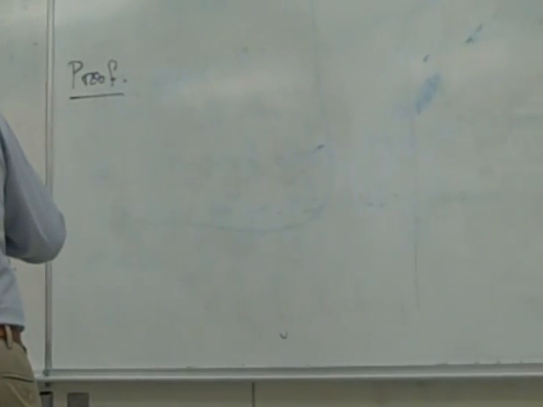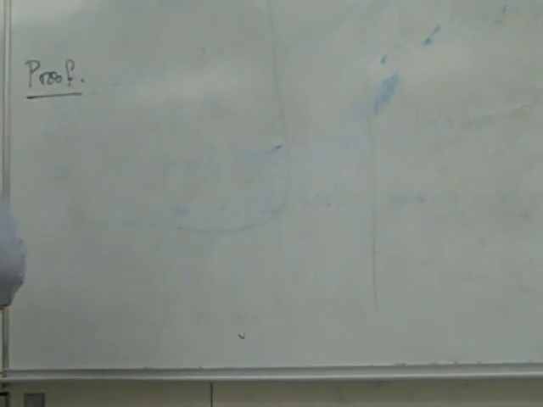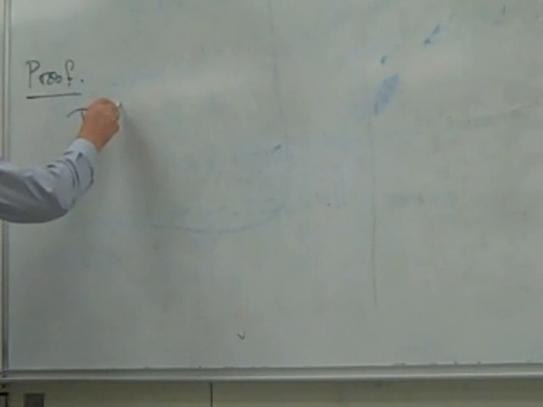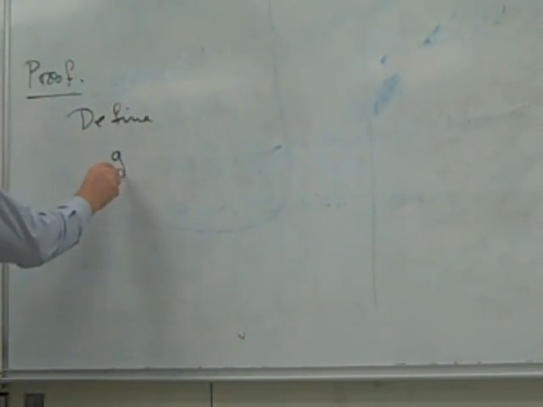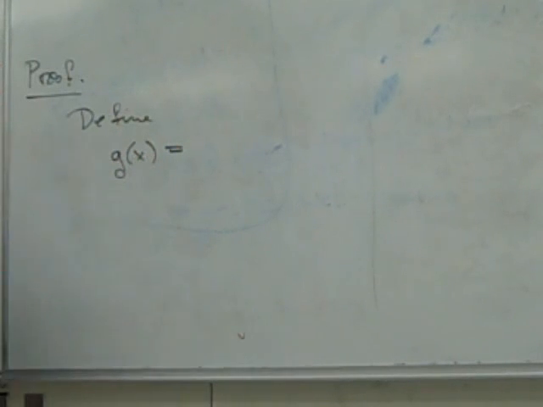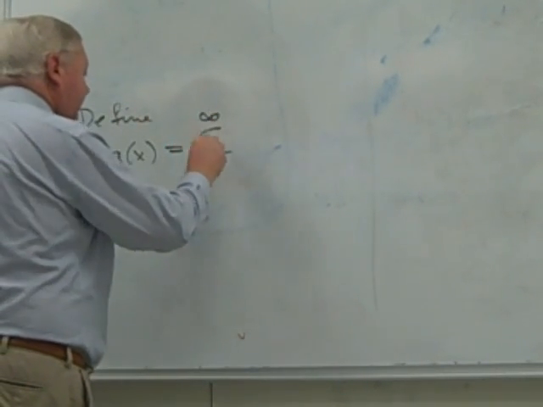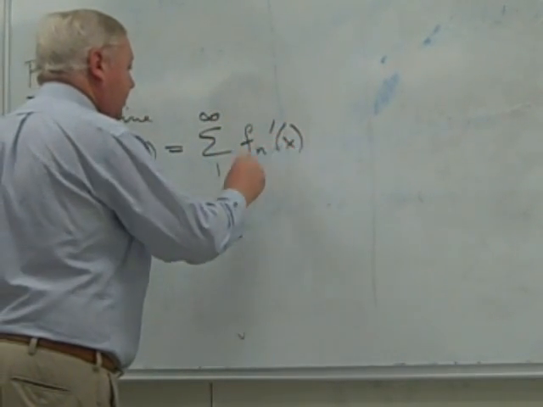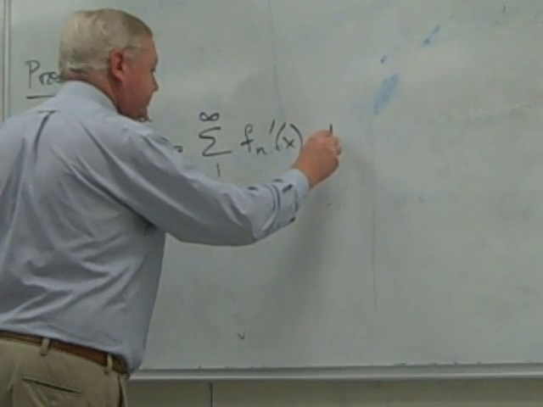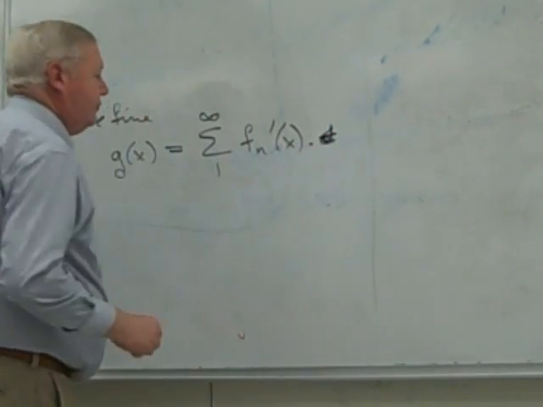Okay, so let's do the proof. So we have uniform convergence of the derivatives, and they're all continuous functions. So let us define g of x to be the sum from 1 to infinity of f_n prime of x.